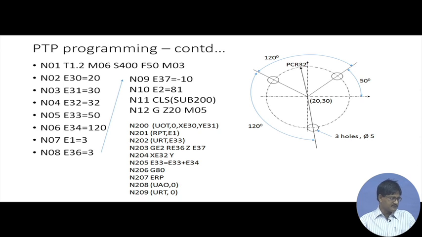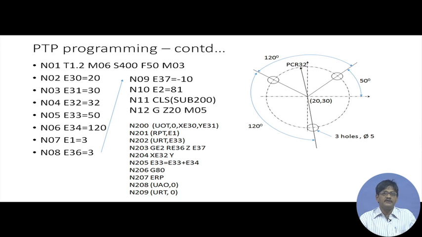That means its length details and diameter details, and M06 asks the machine to load this tool onto the spindle, and it is declared that the spindle speed will be 400 RPM and the feed whenever required will be 50 millimeters per minute, and M03 starts this spindle. So, at the end of this command we will find that the tool has been changed and the spindle is rotating with the tool at 400 RPM.